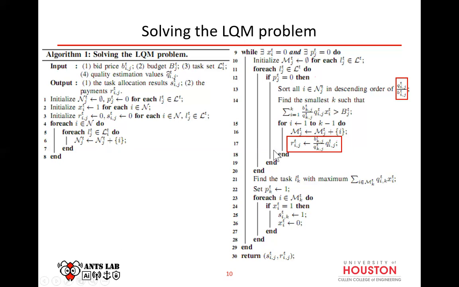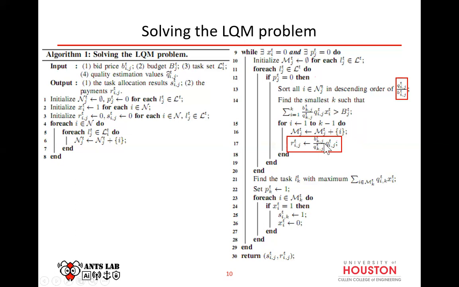Then the algorithm sorts nodes in descending order by the quality contribution per unit bid. This value is a ranking indicator for node i. Then the algorithm greedily includes nodes into the winner node set according to the ranking until the total payment exceeds the budget B_j^t.